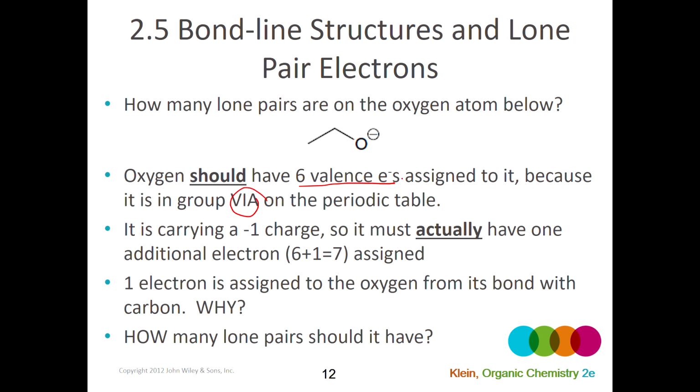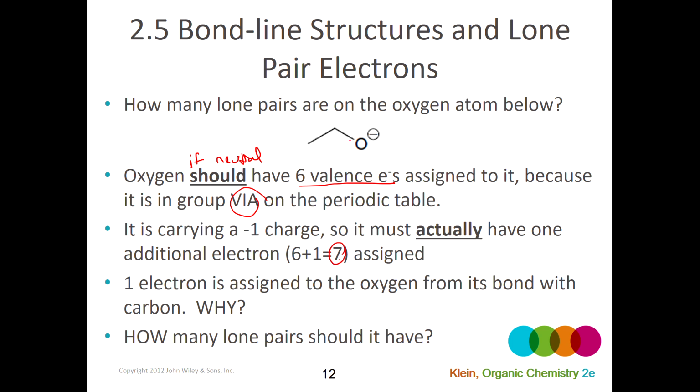if it's going to be neutral. So if neutral, it should have 6 valence electrons assigned to it. If it has a negative, that means I know there's one extra negatively charged electron around it. So instead of having the 6 it would need to be neutral, it needs one additional one to create an extra negative, and so that means it has 7 around it.